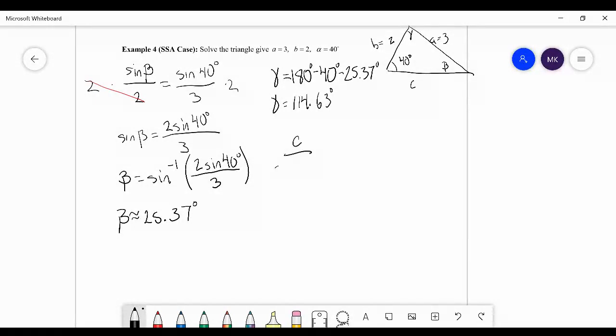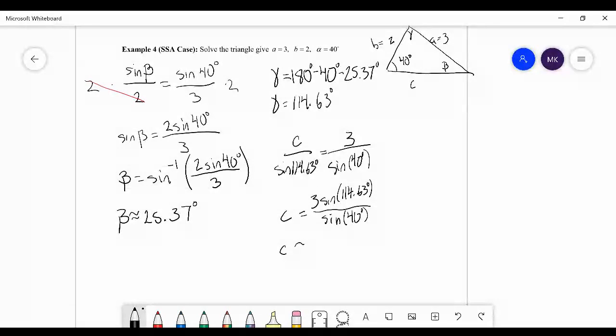We get an expression of c over sine of 114.63 degrees equals 3 over sine of 40 degrees. Multiply both sides, and we end up with a nice c equals 3 times sine of 114.63 degrees over sine of 40 degrees.